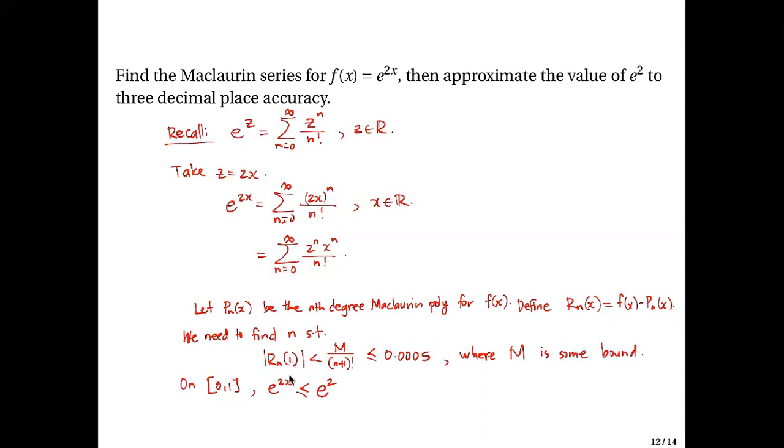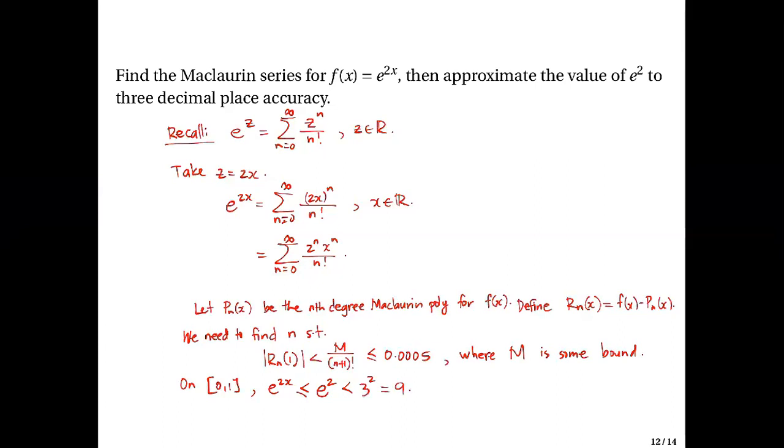The highest value of x is 1, so 2x will be less than or equal to 2. That's why e squared is greater than or equal to e to the 2x. But e is some irrational number, so instead of e, let's just use 3. So 3 squared, and we will have 9.